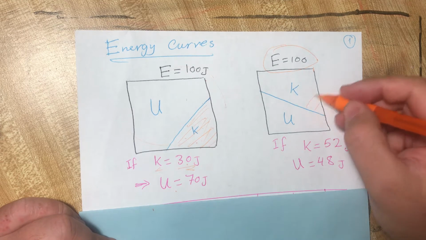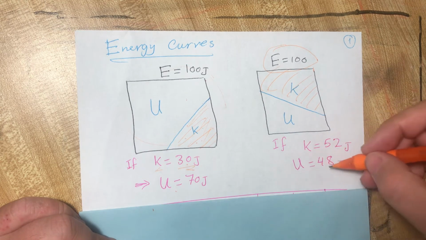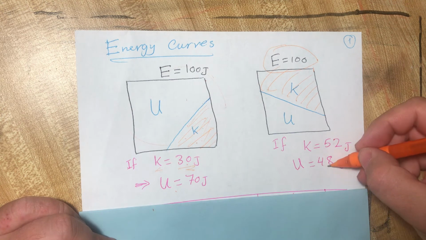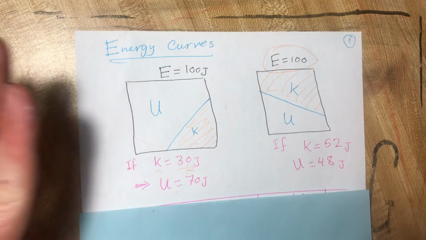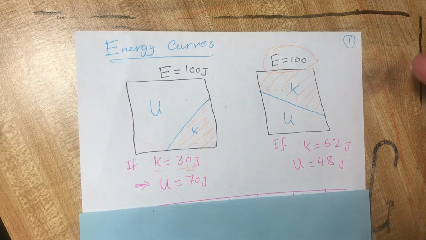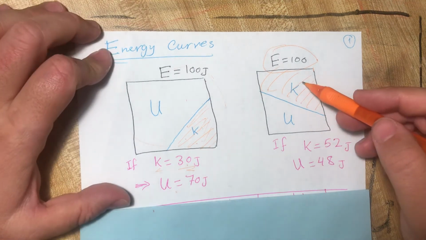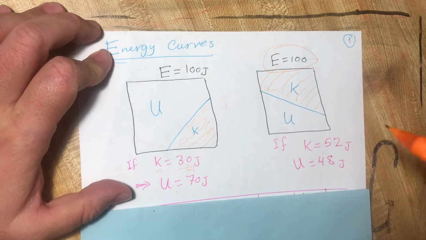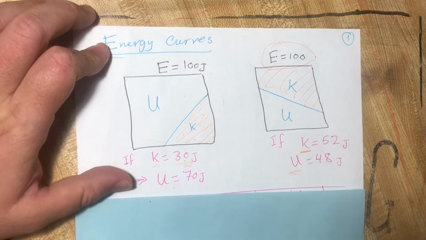So if the kinetic energy is now 52, then the potential energy will be 48. So all the time for conservative mechanical energy, we have a constant value, and it is always equal to the kinetic energy plus the potential energy.